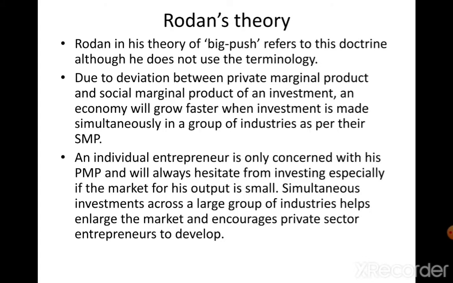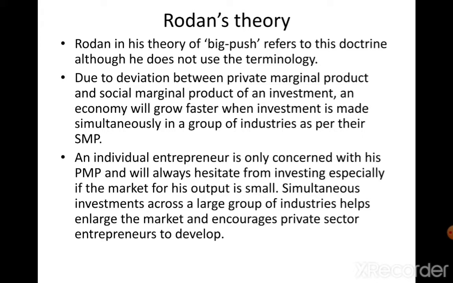So, just a quick relook at Rosenstein-Rodan's theory of big push. Like I said, the theory of big push was first published in an article in 1943. And although he doesn't use the term balanced growth, the entire theory does refer to the concept of balanced growth. And what does Rosenstein-Rodan's theory basically say?